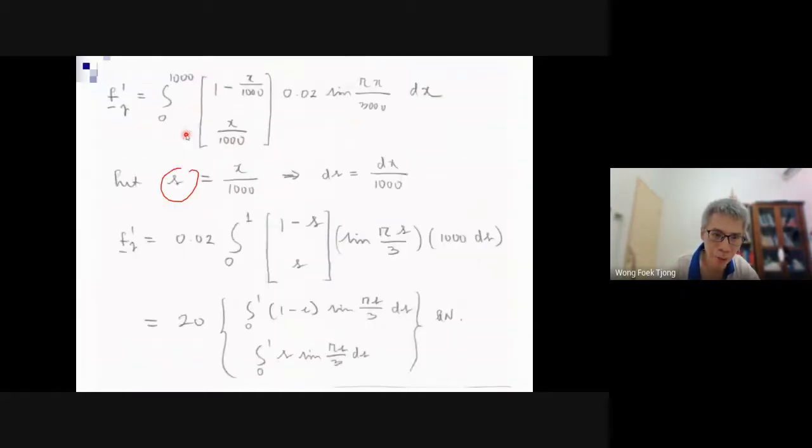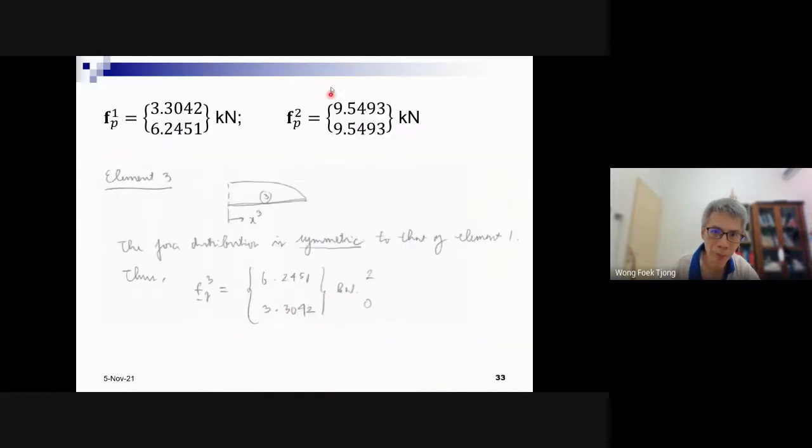After I compute these integrals for element 1, and then for element 2 after I complete this integral, what does it mean? It means that during the computation, the sinusoidal distributed load over elements 1, 2, 3 becomes the nodal forces here. So the loading is changed to this one, 3.3 something.